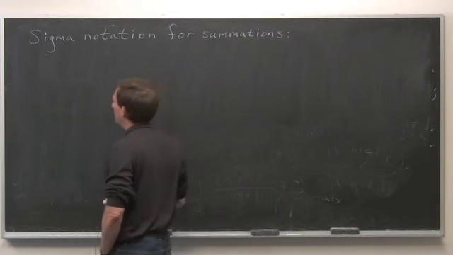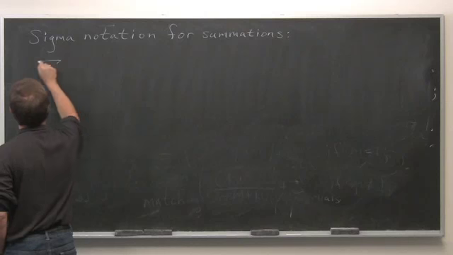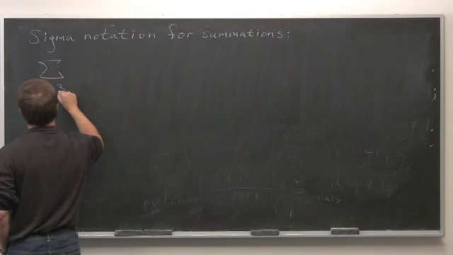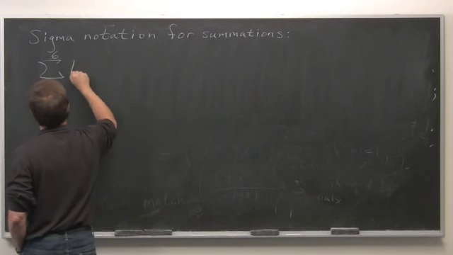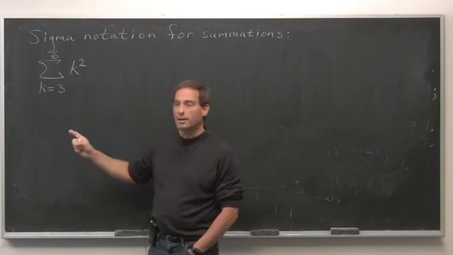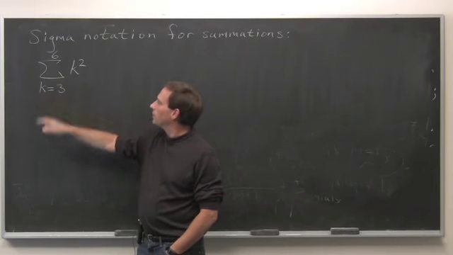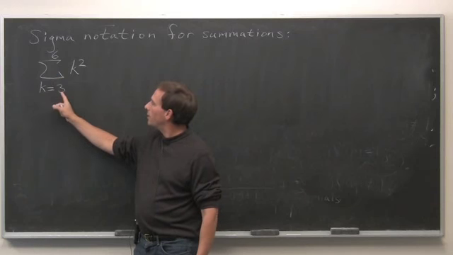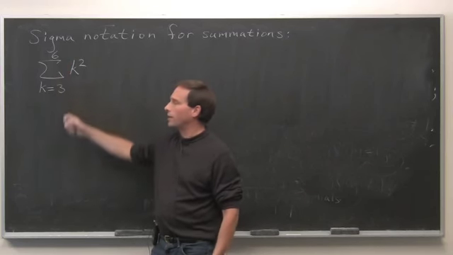Something like this is a capital sigma, and you write things like this. So what does this mean? You read the sigma as summation, and you read this as the summation as k goes from 3 to 6 of k squared.